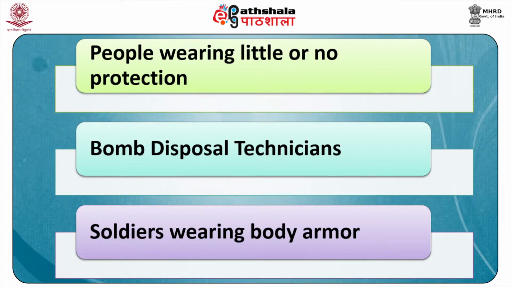The bomb disposal technicians also, because there may be some bomb which is still live when the bomb disposal team reaches there, so they also can be impacted. And even soldiers wearing body armor or deminers can get impacted because they will be going close to these bombs very often, and yes, it can explode.